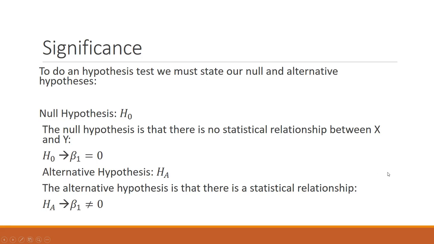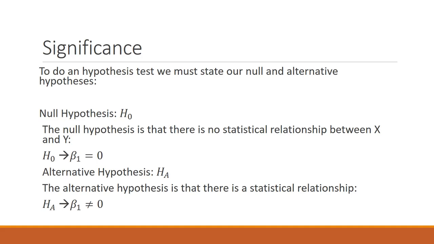Now this is very important, because when we do this analysis and create our estimate of beta, that estimate could be all manner of numbers. But that number will almost never be 0.